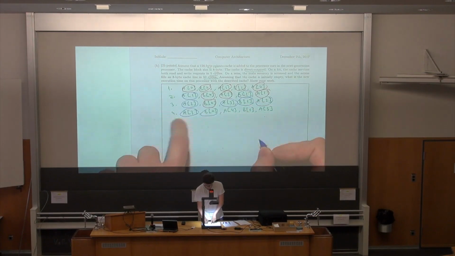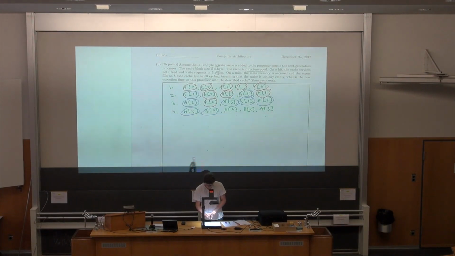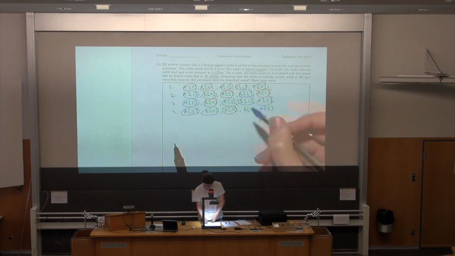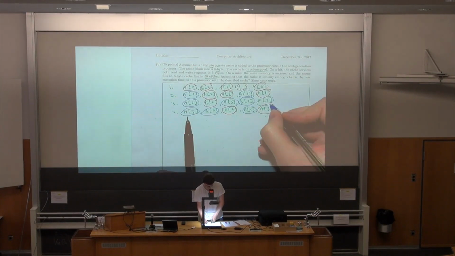B0 will be a hit because it's still in the cache. A4 will be a miss because this is the first time we access it. And B will be a hit, and A3 will also be a hit.